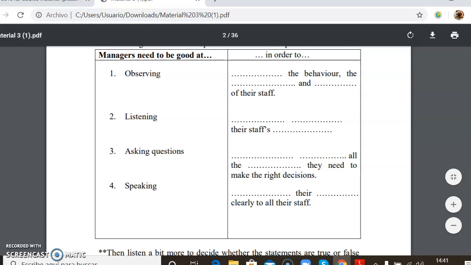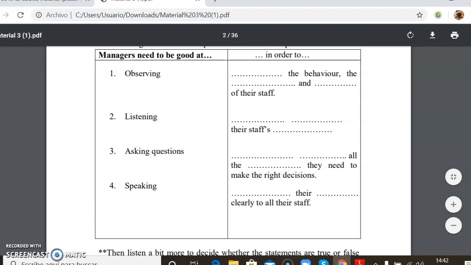Greg Sullivan speaks, and he's going to give a lecture on what qualities for a good manager are. So managers need to be good at different things. I think good managers need to be good at 4 things in particular. First of all, they need to be good at observing. That's so because they can understand that way the behavior and the strengths and the weaknesses of their staff.